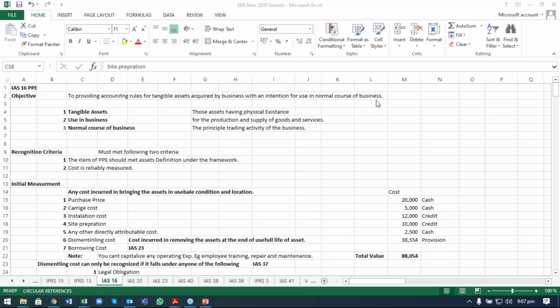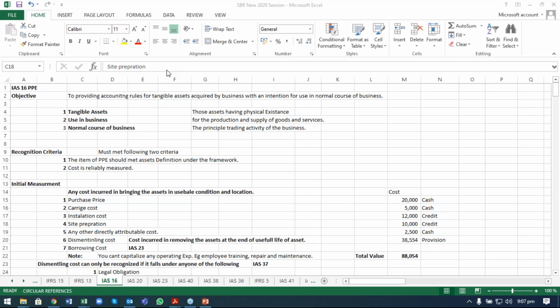I have multiple machines and I am following the revaluation model. In the current year I have purchased a specialized machine. Do we still have to follow the revaluation model for all of the machines? Yes, you have to follow the revaluation model for all the machines, even the specialized machine.